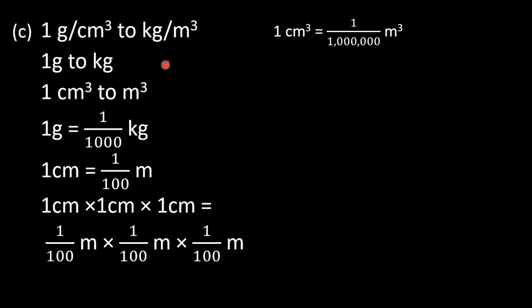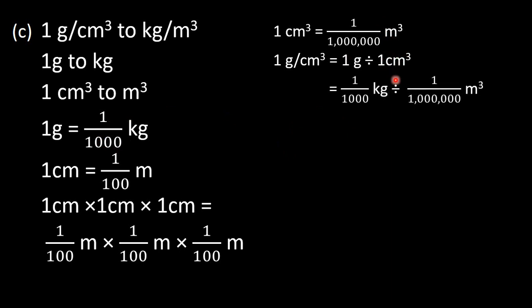Now, I said already that 1 gram per cubic centimeter is the same as 1 gram divided by 1 cubic centimeter. And so if we substitute, 1 gram is equivalent to 1 over 1,000 kilograms, and 1 cubic centimeter is 1 over 1 million cubic meters. So that will be that.